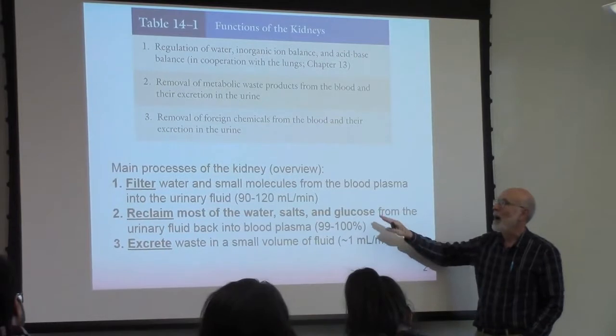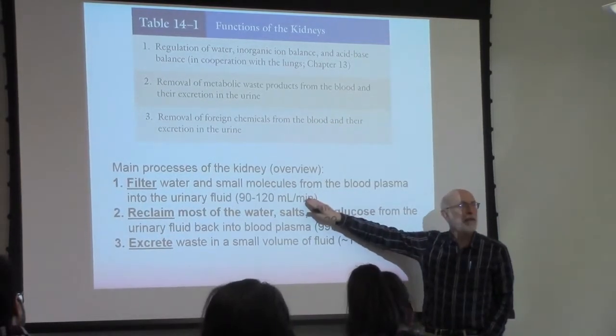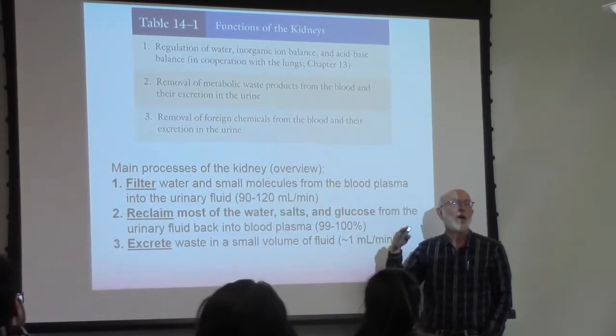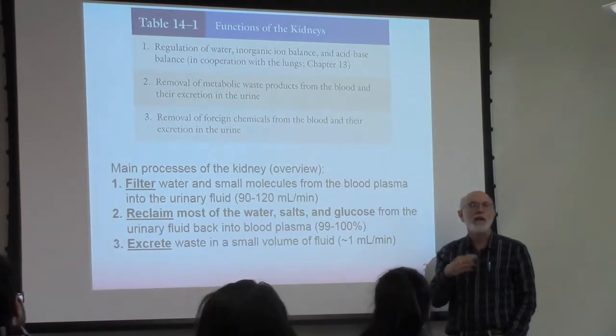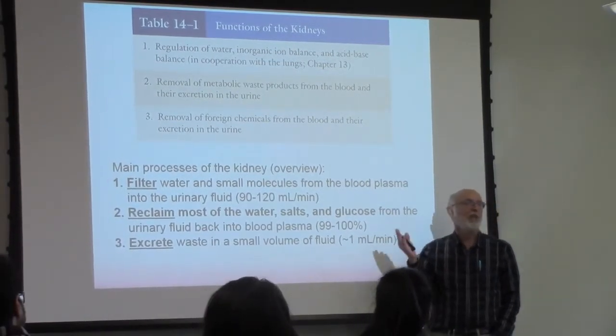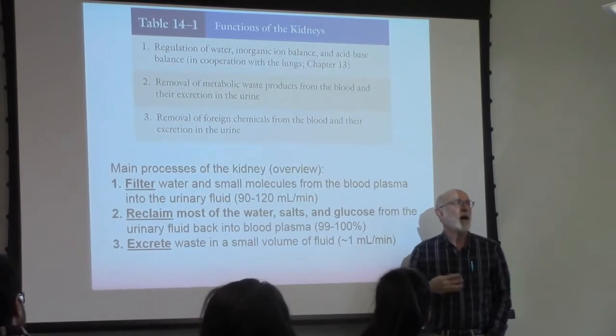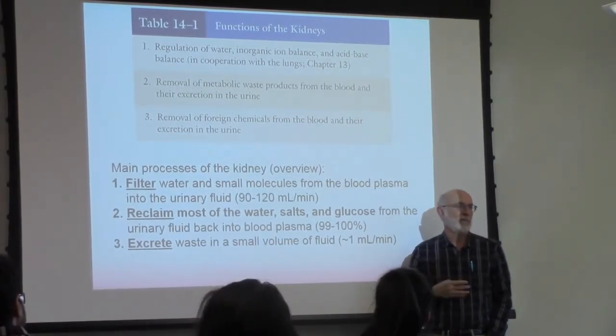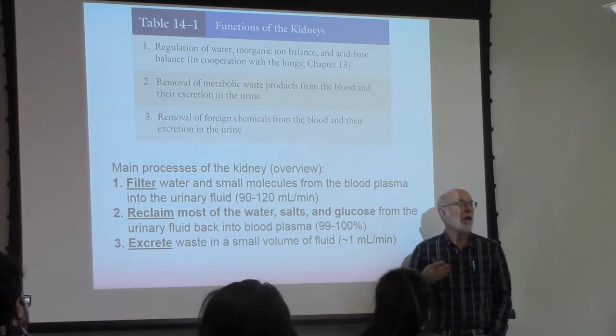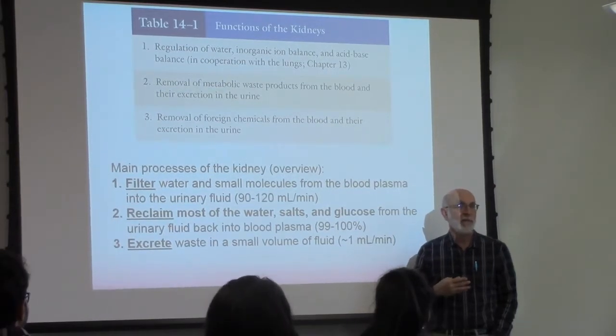Let's talk for a minute about this volume. So 100 mils per minute. So when you void urine, when you go to the bathroom, you probably urinate a couple of hundred mils, right? Maybe 200, 250, depends on how long it's been since you last went to the bathroom.